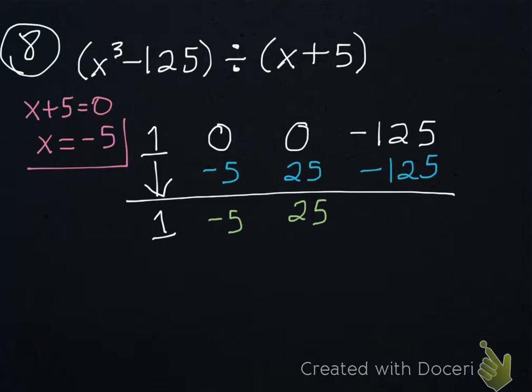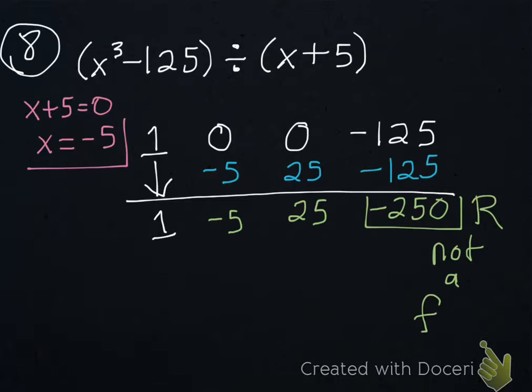That is, when we add the column, -250. Obviously, if the signs had been opposite, this would have worked. But our remainder is not 0, so it's not a factor. I'm pretty sure you could guess what is a factor, though.